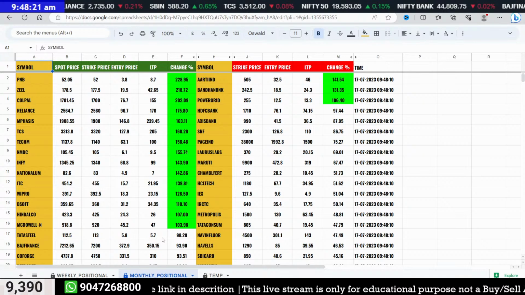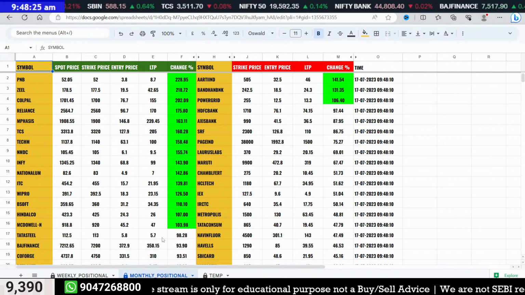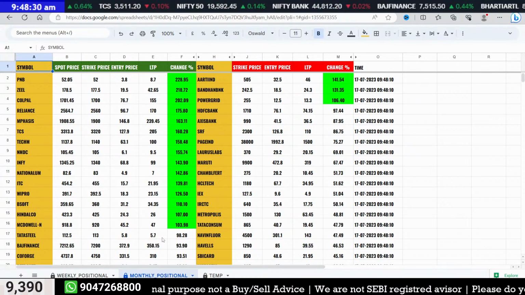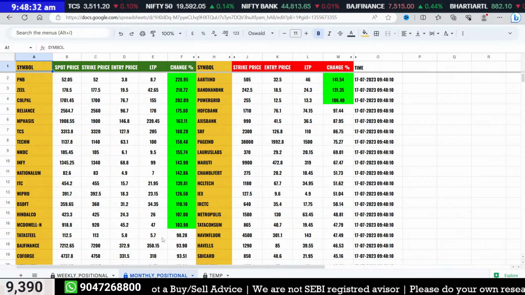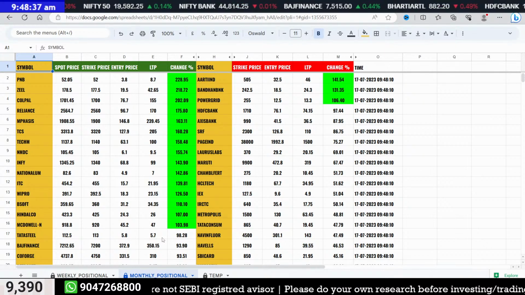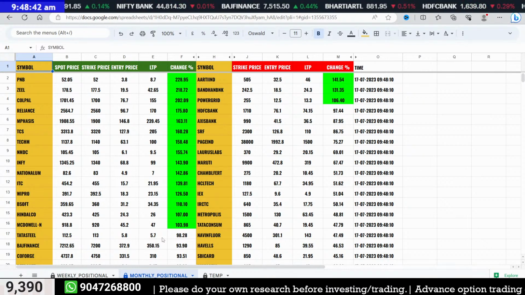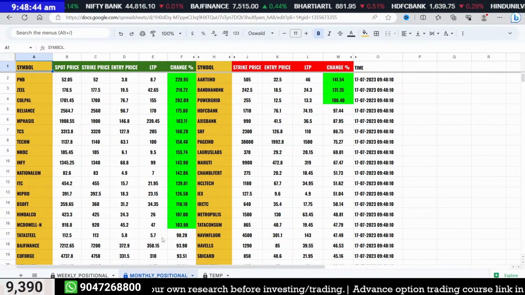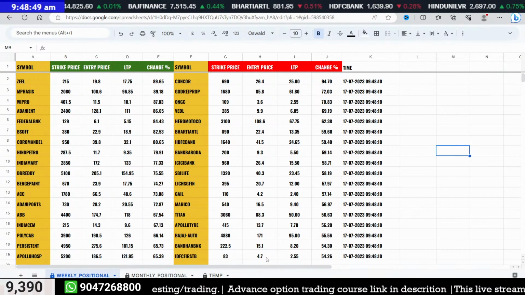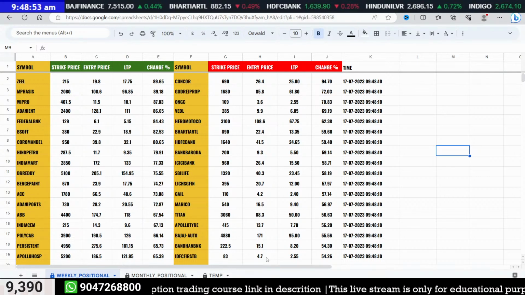Okay, because we are nearing the expiry, there is time decay and also physical delivery. For weekly positional, Zee Entertainment is also nearing the top, 19.8 should be the breakout.